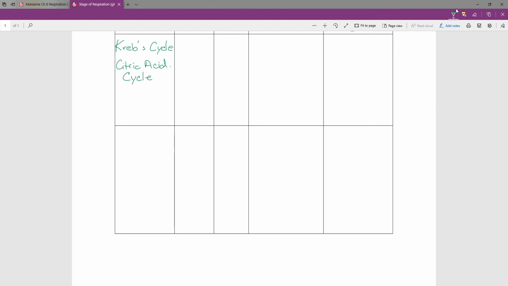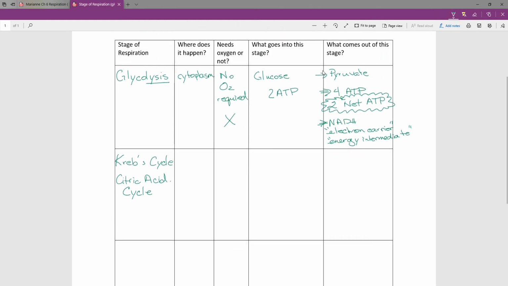And in this chart, again, you can remember the first thing was where does it happen? So glycolysis was happening in the cytoplasm. We are now in the mitochondria. And the next summary thing here in the chart, just trying to make it easier, is does it need oxygen? Yes, it needs oxygen. What goes into the Krebs cycle?